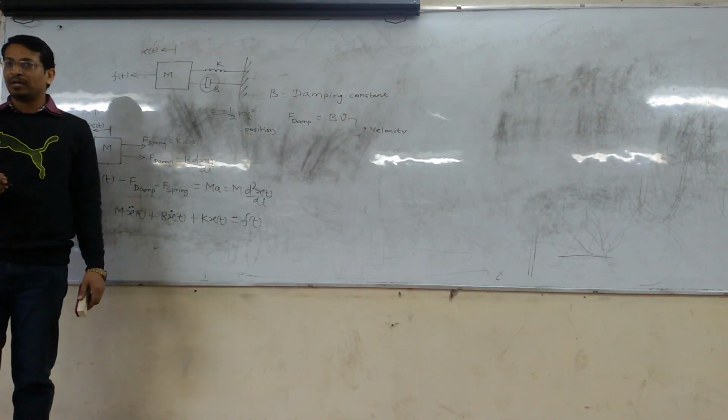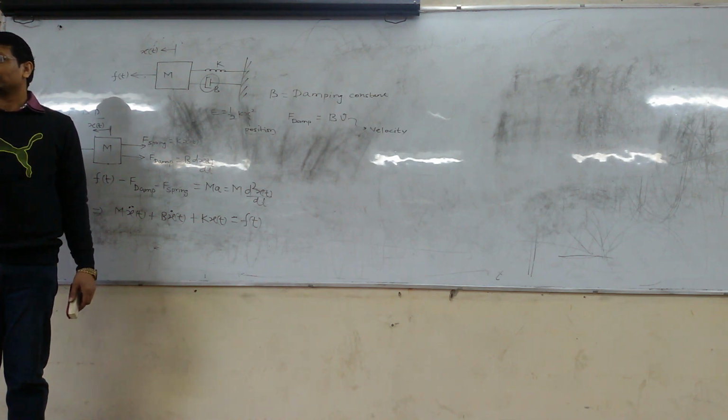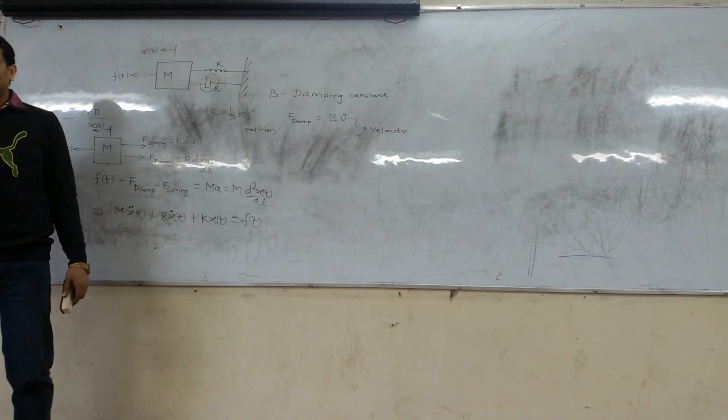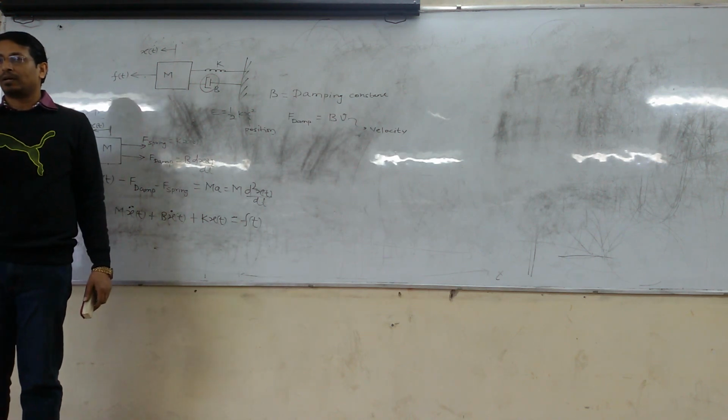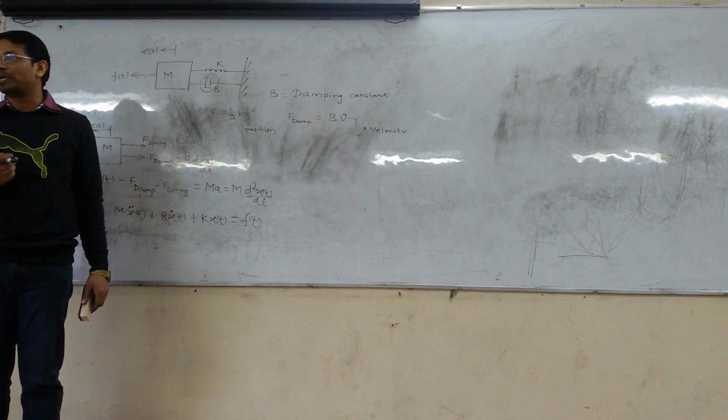And one more energy element should be there. The damper is somewhat like a resistive element. It is a dissipating element. It is not an energy storing element. Try to recall the analogy: inductor was a storing element, capacitor was a storing element, but resistor was not a storing element. It was a dissipating element.